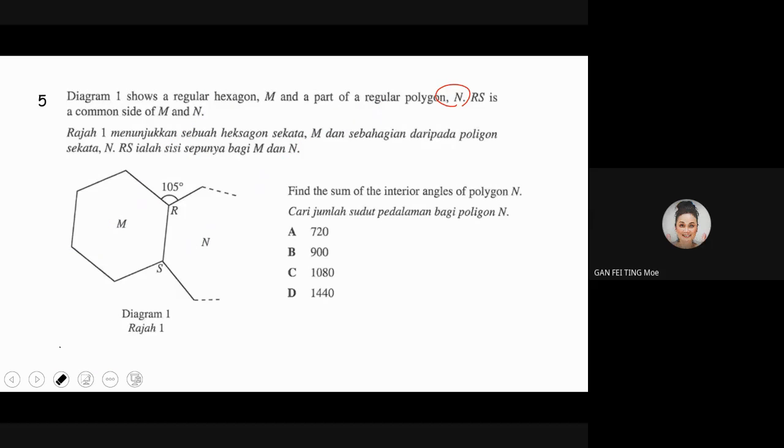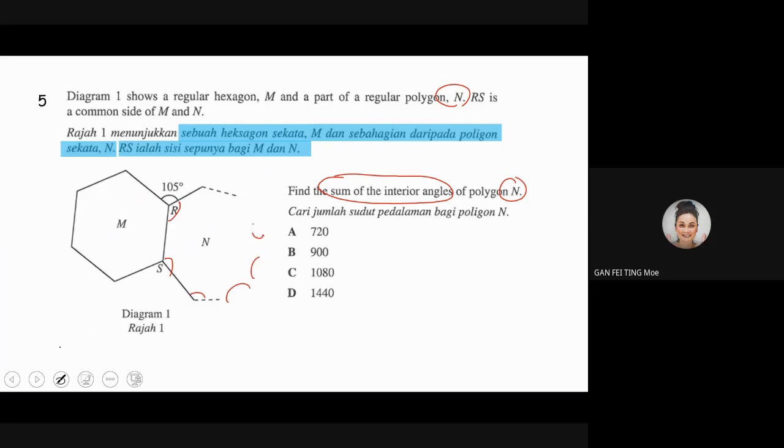What does the question say? RS is a common side. RS means that they have the same length. Then the question says, find the sum of interior angles of polygon N. So they want to know, for polygon N, how many sides, and they want all these angles to be added up.